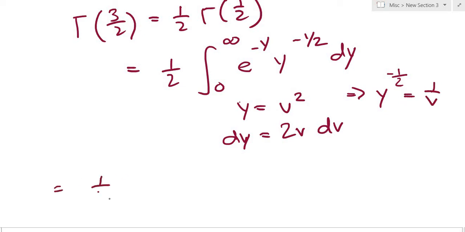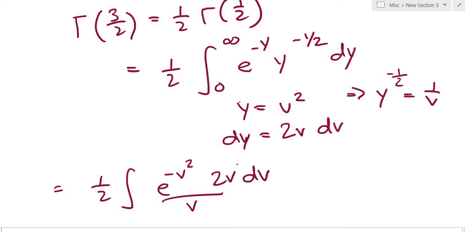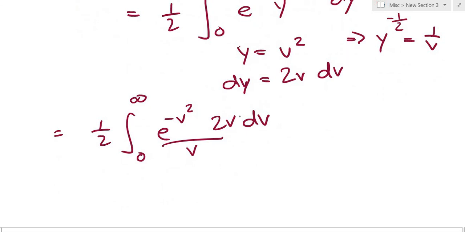We can write everything as e raised to minus v squared over v, and then dy is 2v dv. Now let's check our limits. When y is 0, v squared is 0; y is infinity, v squared is infinity. So limits remain the same. The great part is the v's cancel out, the 2's cancel out.